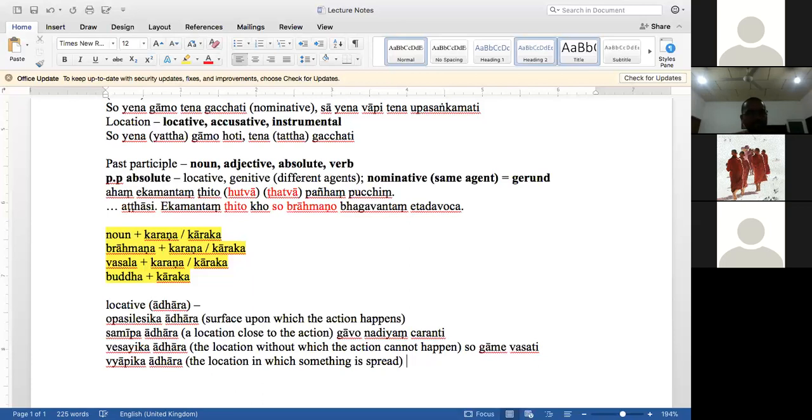The examples given are Tilesu Sasapa, oil in the mustard seed, where oil has been spread completely in the mustard seed, or Jale Kira, milk in the water.